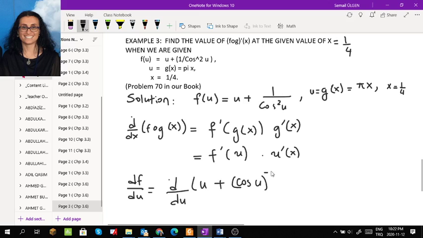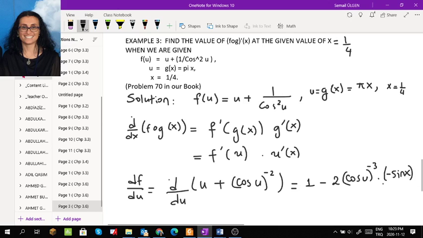I just write it in negative powers because it's easier. So the derivative of u is 1. The derivative of this is negative 2, power rule: negative 2 cosine u, decrease the power by 1, negative 3, and then take the derivative of the inside function, negative sine. The derivative of cosine is negative sine.